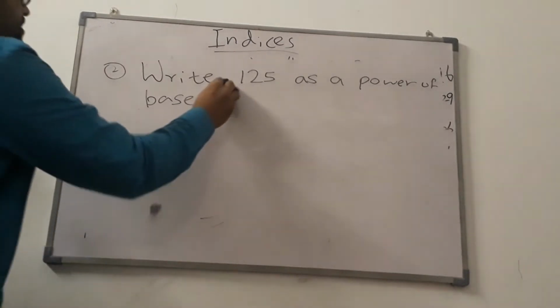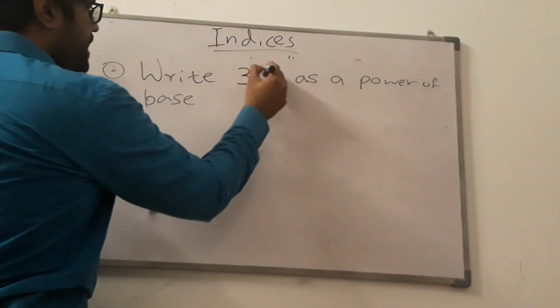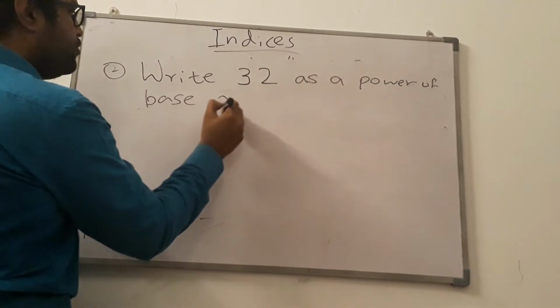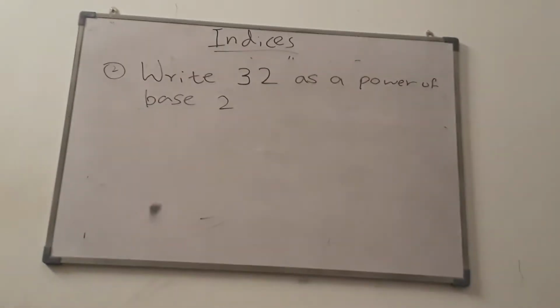Okay, suppose you want to find 32 as a power of base 2. Okay, how can we do this?